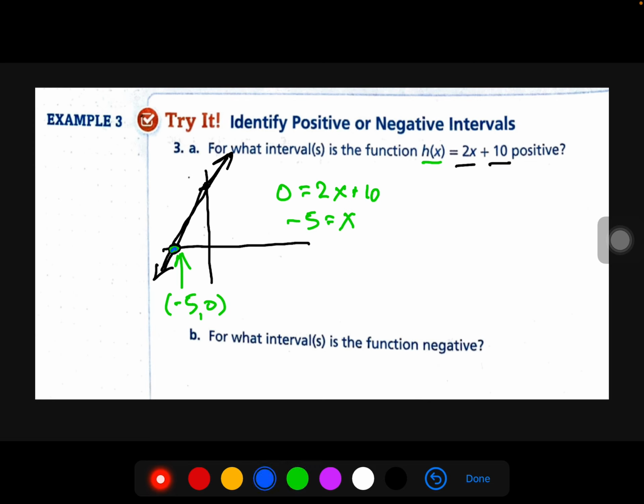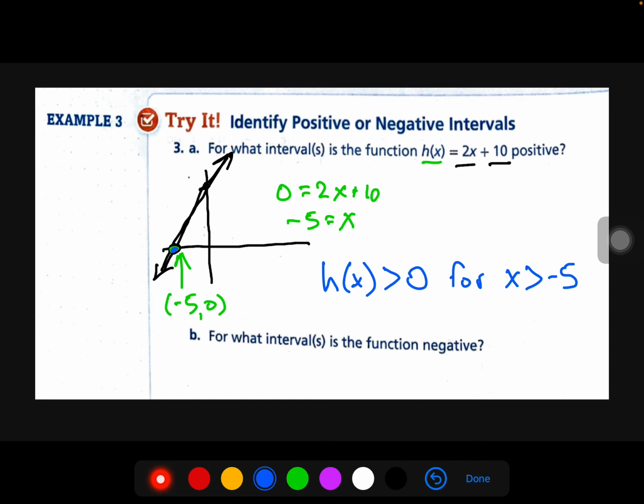Is the function positive, meaning is y, or h of x, positive there? Well, no, because 0 is neither positive nor negative. And so h of x is greater than 0 for x greater than negative 5.